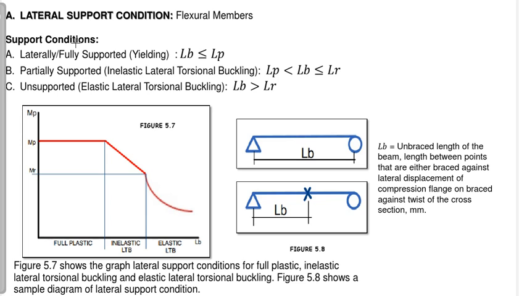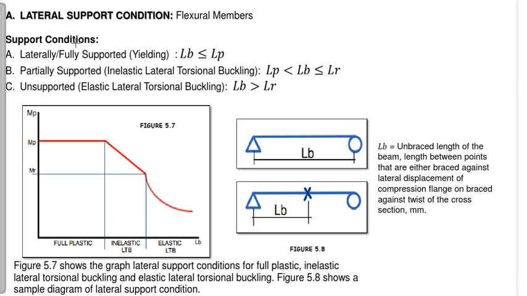So, yung compact, non-compact, and then yung slender elements. So, sa pag-check ng ating compactness, magkakaroon tayo ng idea sa limits ng ating section. So, pagka-compact, yung section limit state natin is yielding at LTB, yung lateral torsional buckling. And yan yung possible failure ng ating section.